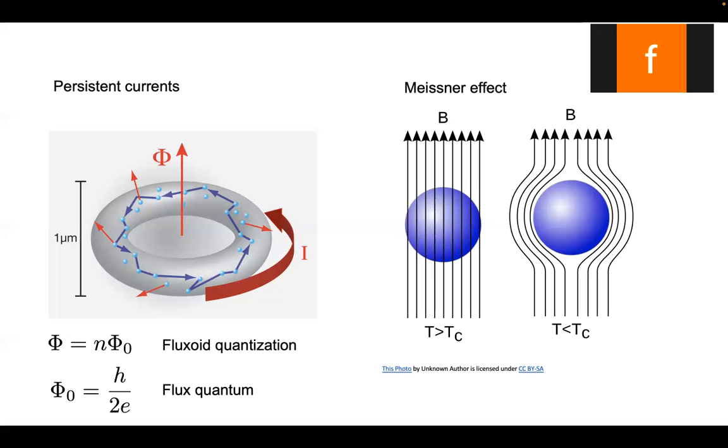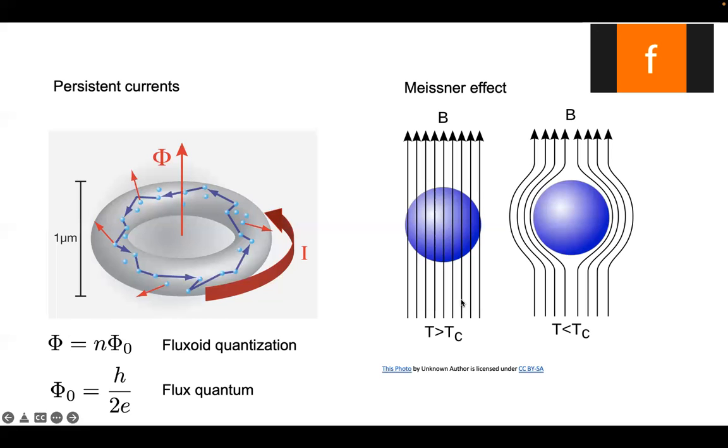This is very interesting as well, because the establishment of those superconducting currents on the surface of the superconductor allows us to explain the Meissner-Ochsenfeld effect that you may have heard about.